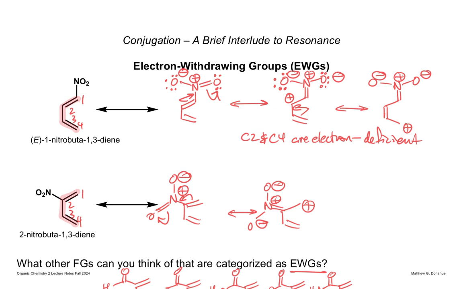And then finally, one more are nitriles, so that's C triple bond N. So those would all be electron withdrawing groups, because ultimately you can place a plus charge on the atom bonded to the double bond. So it's only this carbon here, position 1, that ends up being electron deficient.